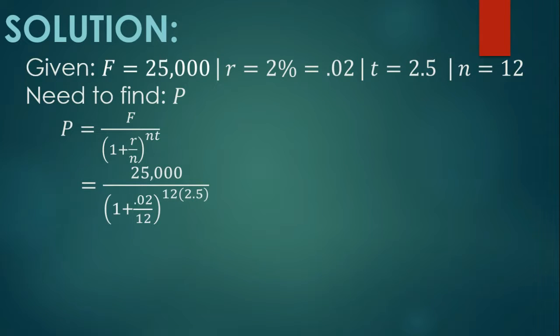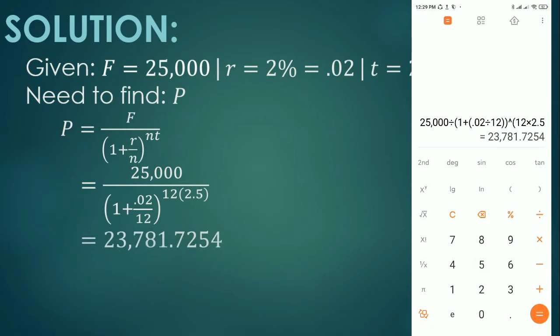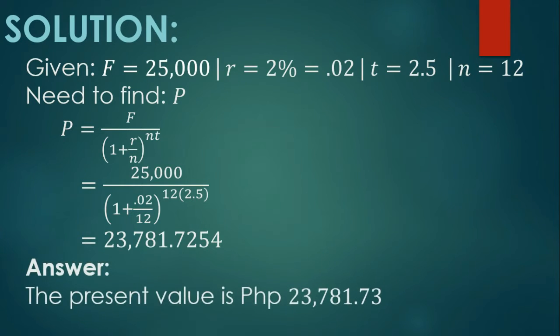F is 25,000, R is 0.02, the value of N is 12, and the product of N and T. So calculating this in any calculator available, 25,000 pesos divided by 1 plus 0.02 divided by 12 raised to 12 times 2.5, it will give us 23,781.7254 as the result. So our answer is the present value is 23,781 pesos and 73 centavos.